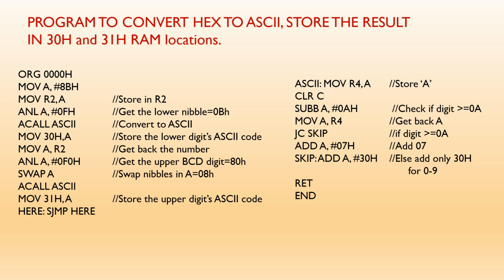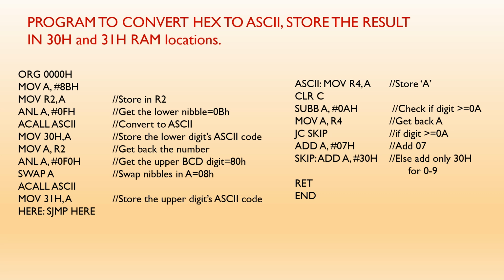In the skip label, to the contents of A, I'm adding only 30H. If the carry flag is not set, then the next instruction, add A comma 7, is going to be executed. So if the content of A is greater than or equal to 0A, then I need to add 37.